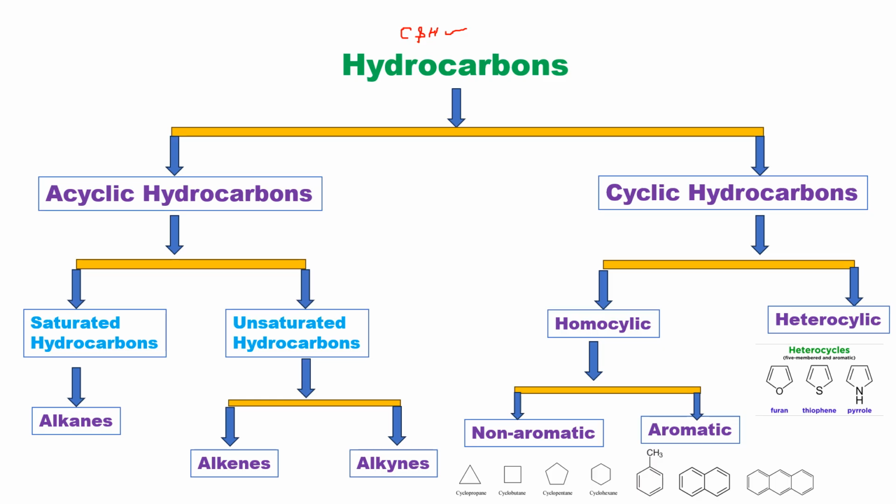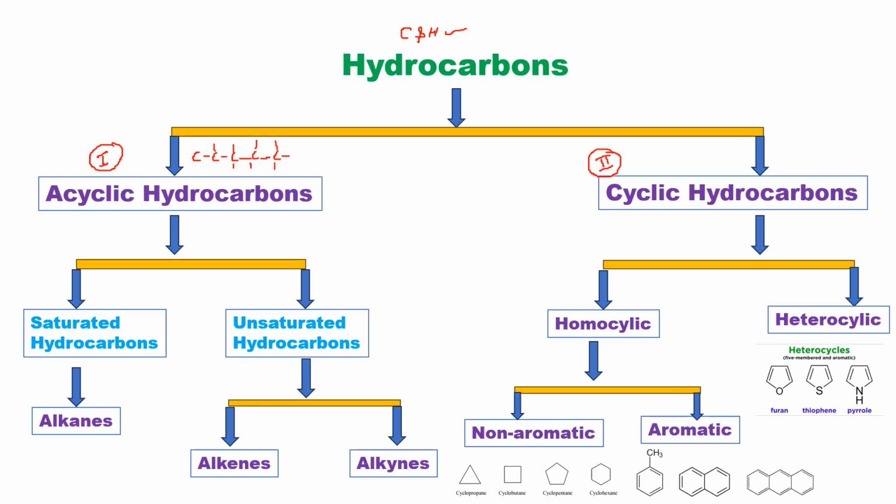These hydrocarbon compounds are classified into two types. Number one, acyclic hydrocarbon compounds, and number two, cyclic hydrocarbon compounds. What do you mean by acyclic? Acyclic means that the compound is made up of carbon-carbon single bonds to form a big chain.